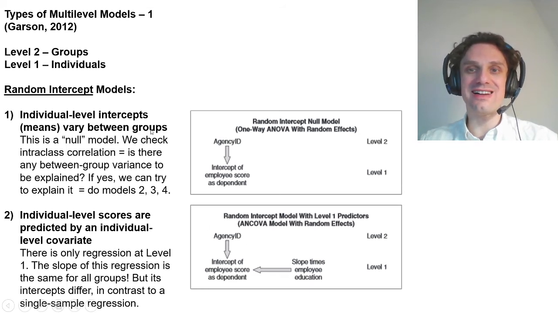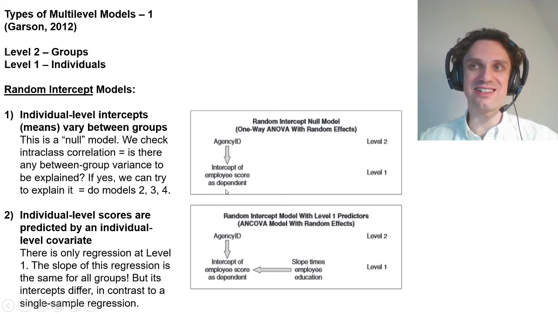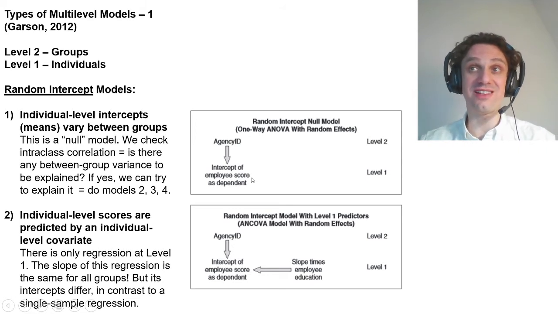And when we do multi-level modeling, we start with the simplest model, which basically starts by modeling random intercept, which starts by modeling the mean scores for all individuals as a function of group membership. And then we can complicate this model by adding additional predictors.